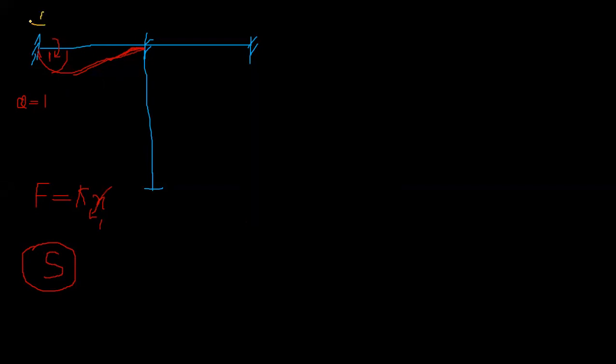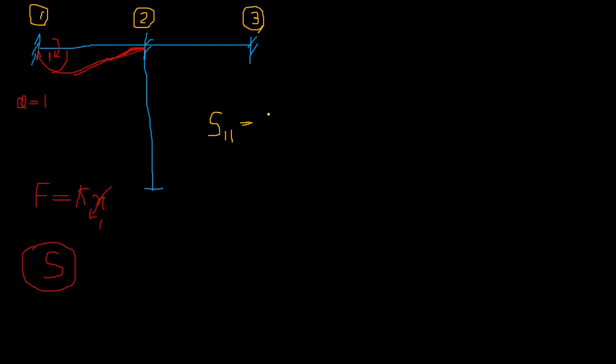So you can take the stiffness coefficient at these 3. So S11. So that means the redundant force induced at 1 due to unit displacement at the first redundant, right?